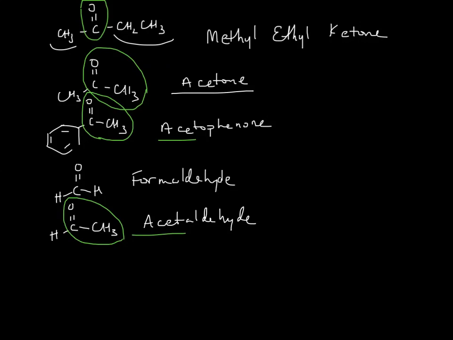There are names for all of these aldehydes as well. There's common names, but I'm not going to ask you to know the other ones because you'll probably be able to recognize them. So for example, this guy is called butyraldehyde. But you probably noticed that the butyl, that's a 4-carbon chain.